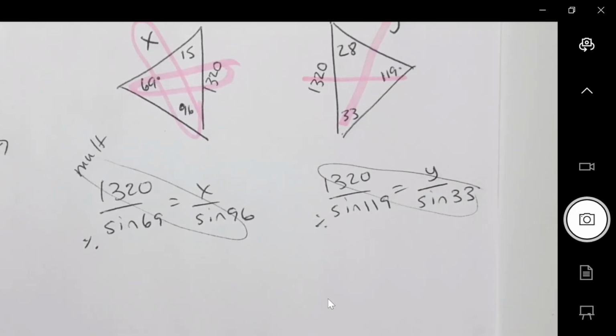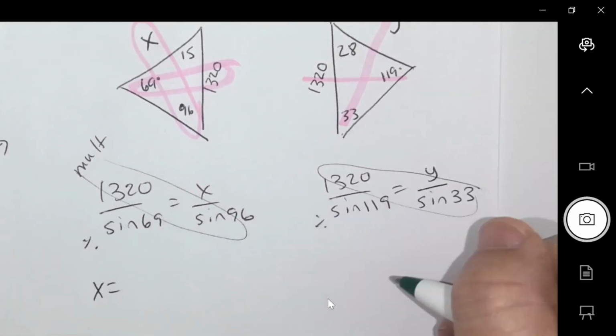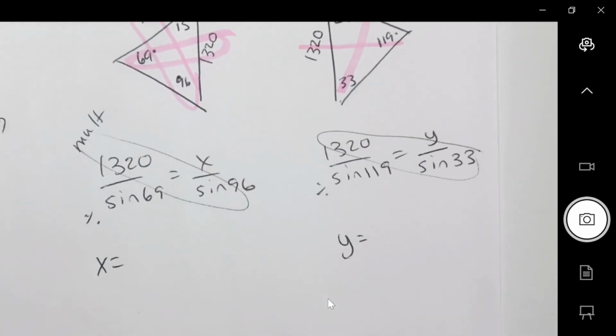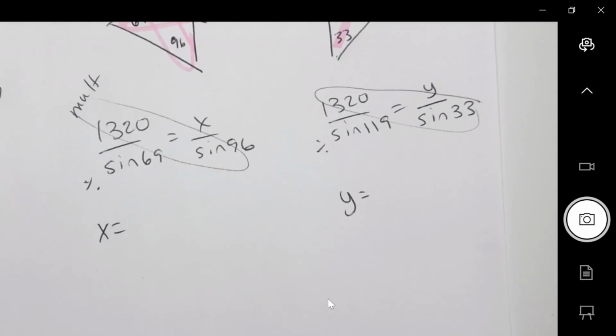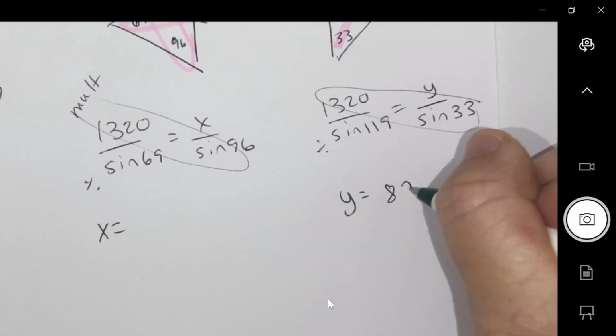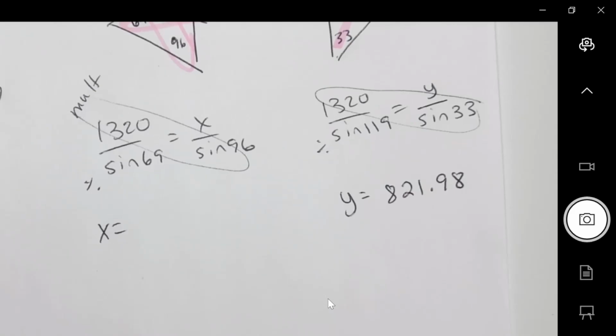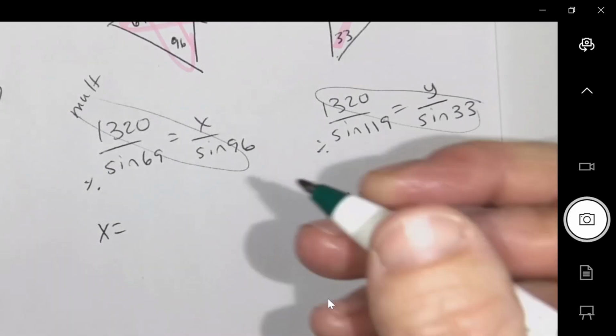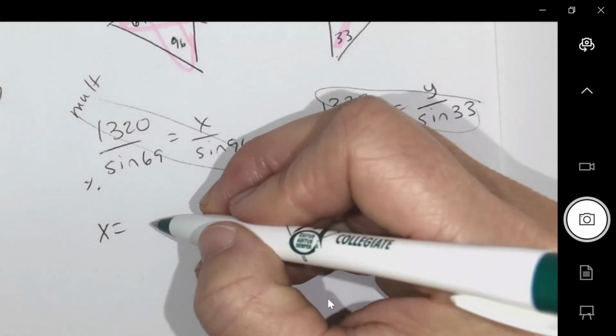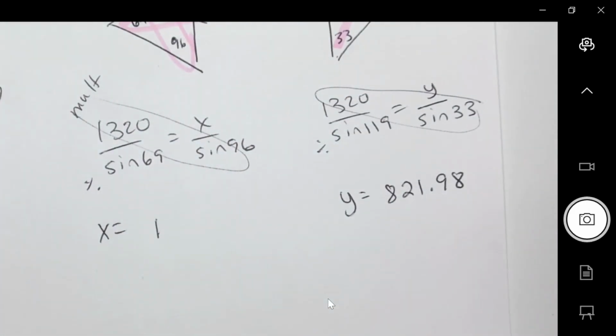Does anybody have anything to offer me here, X or Y? That they're feeling so confident on their multiplying, dividing? Y is 821.98. Okay, Y people, is that what you have? Do I have anybody who is really confident to tell me what their X is? What did you get? 1,300.